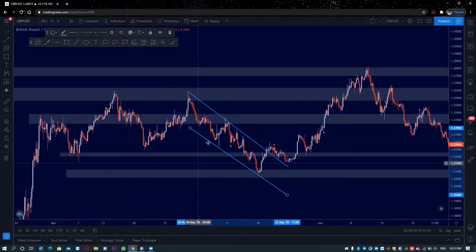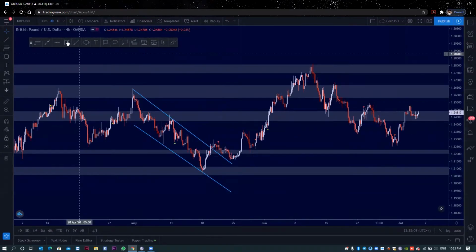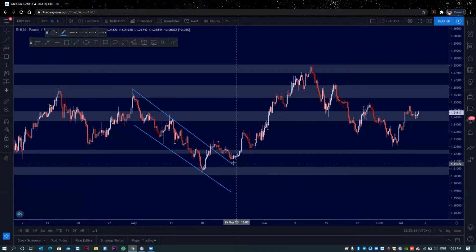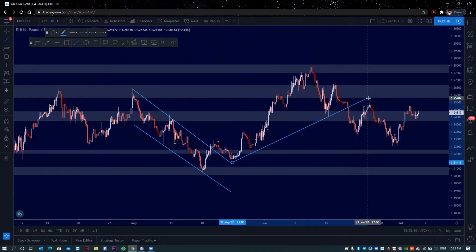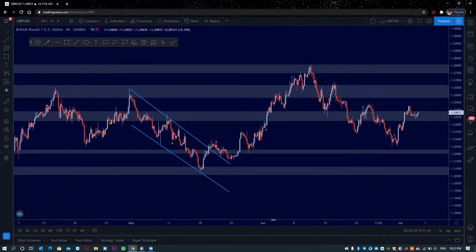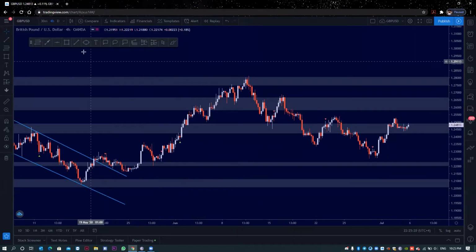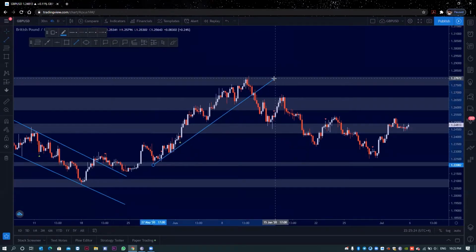Every time they give you 1, 2, 3, 4 moves and on the fourth move they break out. Now this is your long trade, not this one. They break out, they started. This is a highly bullish trend.